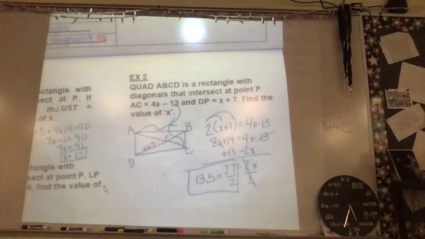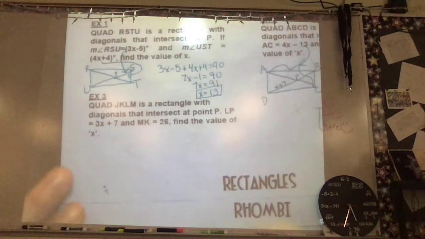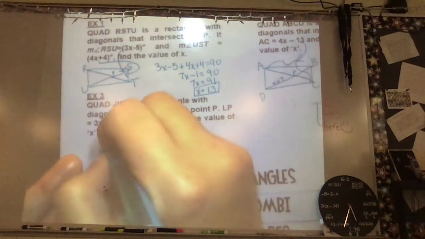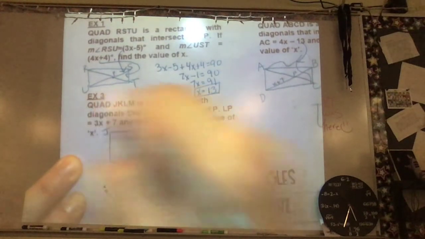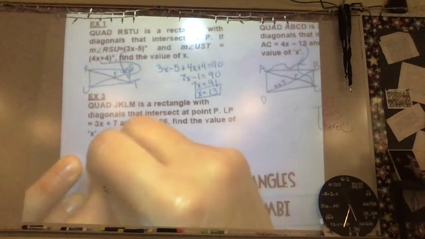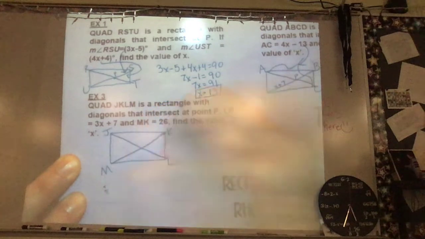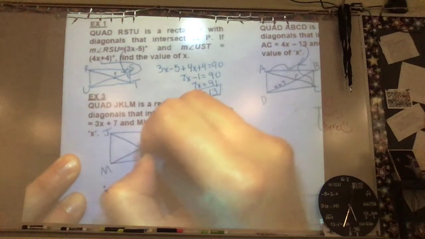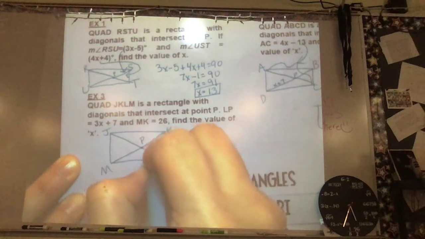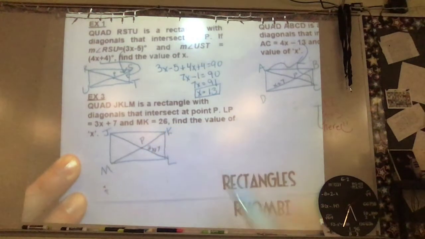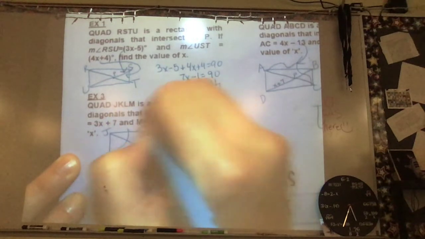Okay? Alright, here we have example 3, and we have quad JKLM. Sketching. JKLM is a rectangle with diagonals that intersect at point P. They like point P. LP is 3x plus 7, and MK, again, the entire diagonal, is 26.